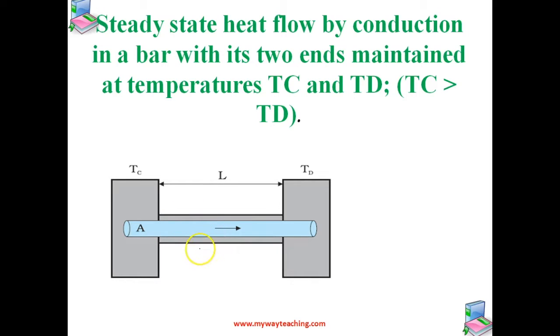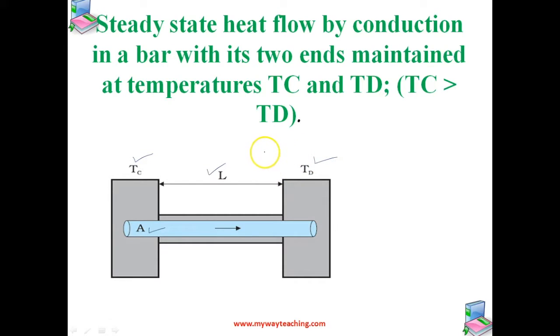So here we have considered a rod of length L and cross sectional area A, and we are maintaining the two ends of the rod at two different temperatures by putting the ends in thermal contact with large reservoirs. One is at the temperature Tc and the other one is at the temperature Td.